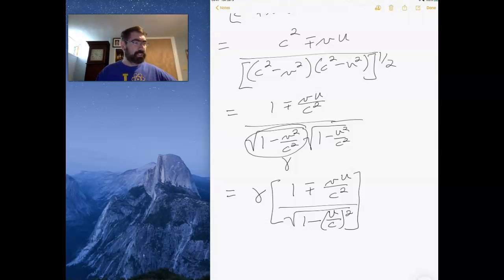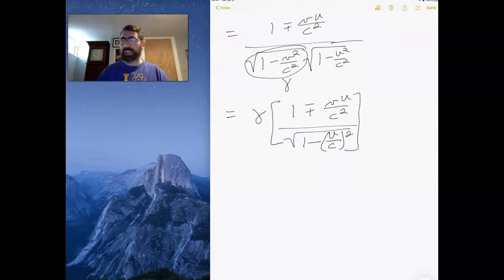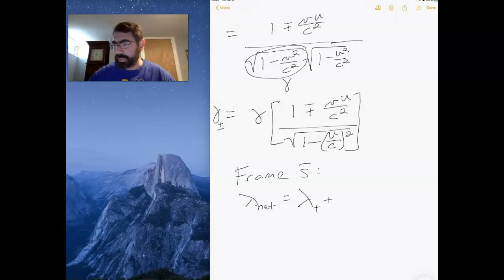Okay. So in the end, now we have the gamma factors. If you remember, this whole thing was gamma plus minus. So now that we have those gamma factors, we can take a look at, in the frame of S bar, the net charge from those two lines of charge: the charge from the positive and the charge from the negative.